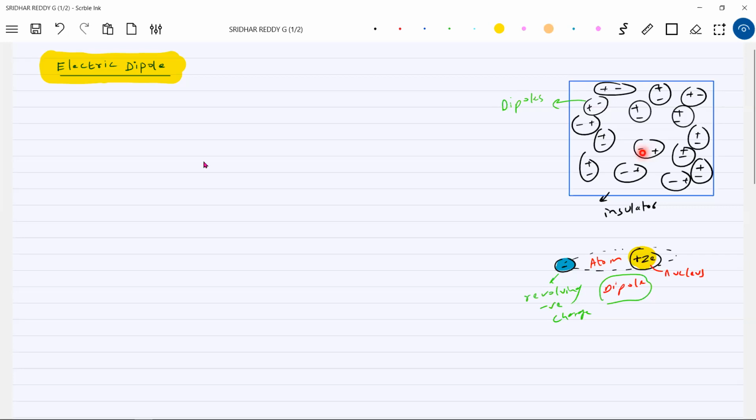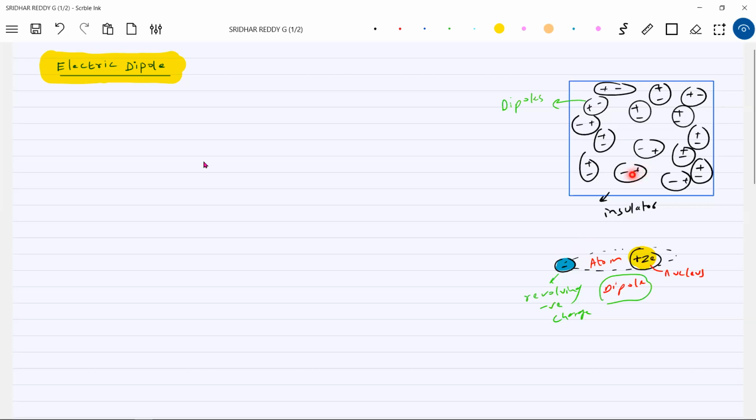The net positive charge of the nucleus and the net negative charge of the revolving electrons have some separation between them. So I can treat each individual atom as one dipole.